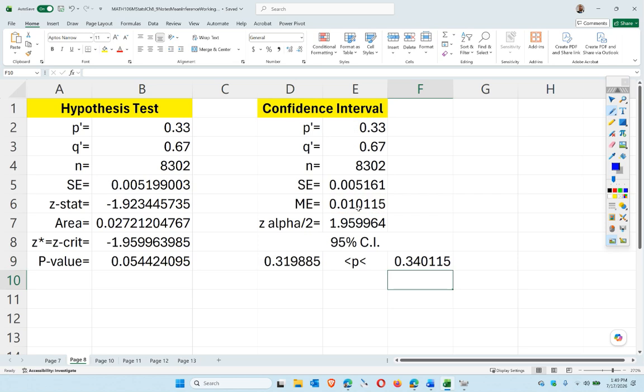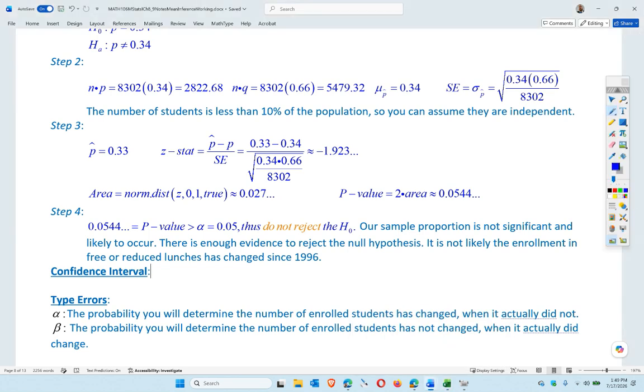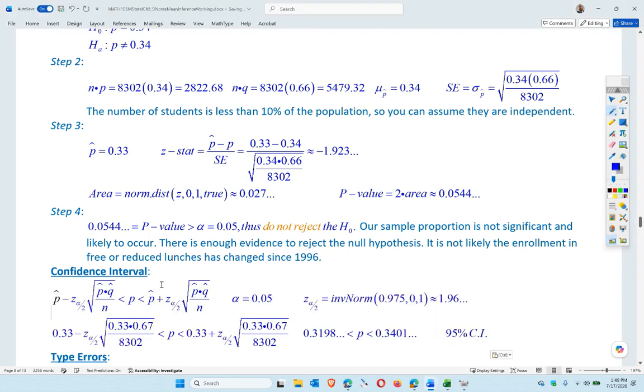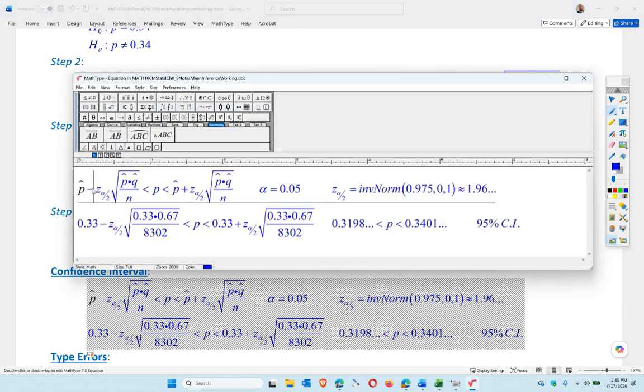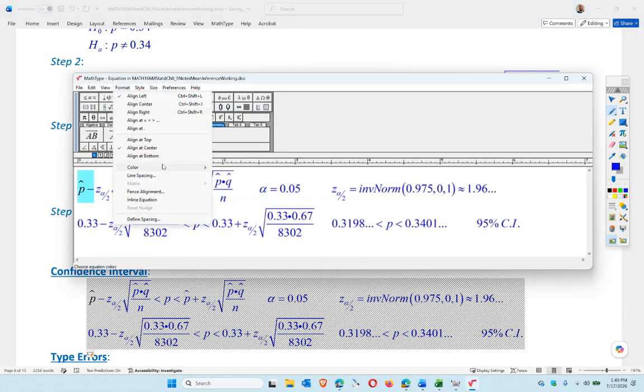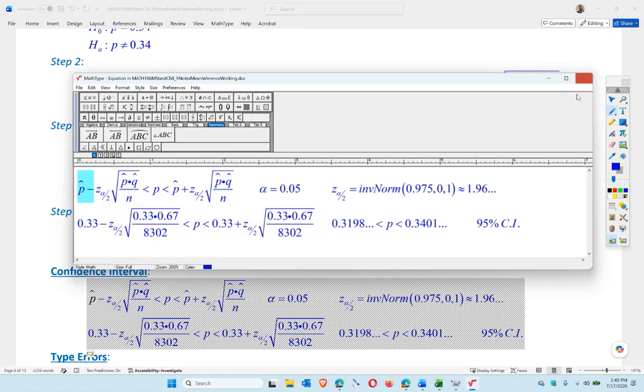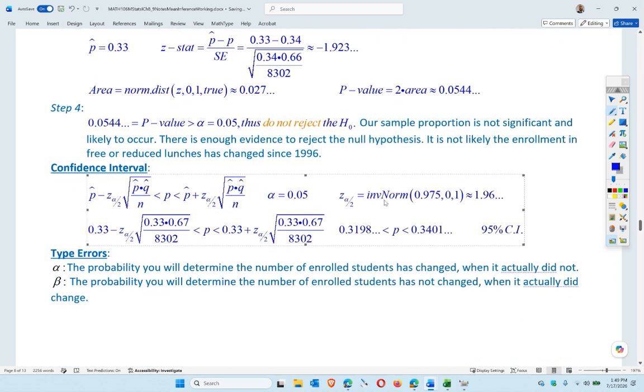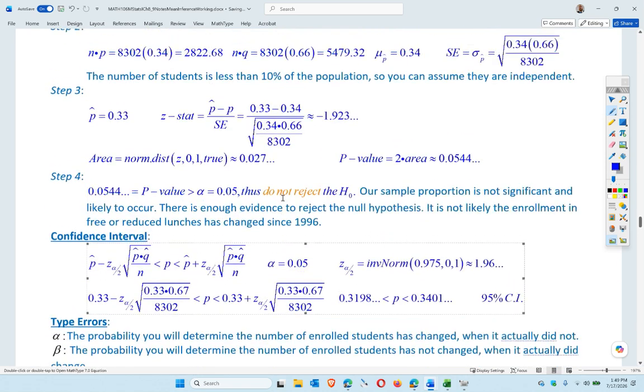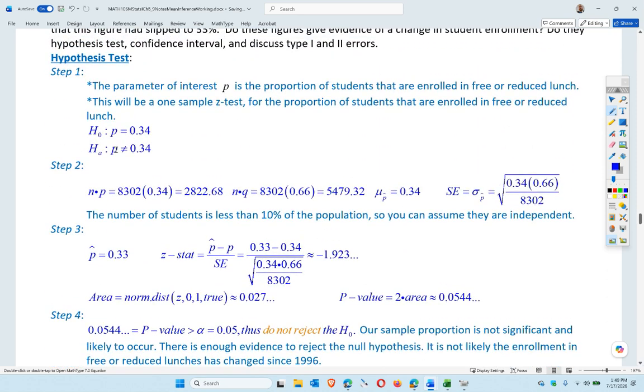Okay. All right. So that means, go back to here, this is our confidence interval. Okay. Make that blue, format, color, blue. All right. So what you notice is our alpha here and our alpha here actually match, because the hypothesis test is 2-tail and the confidence interval is 2-tail.